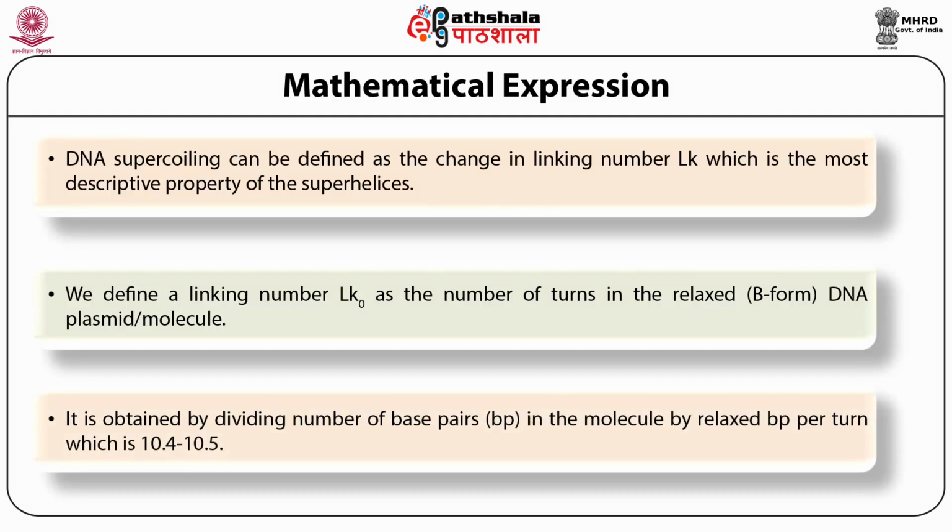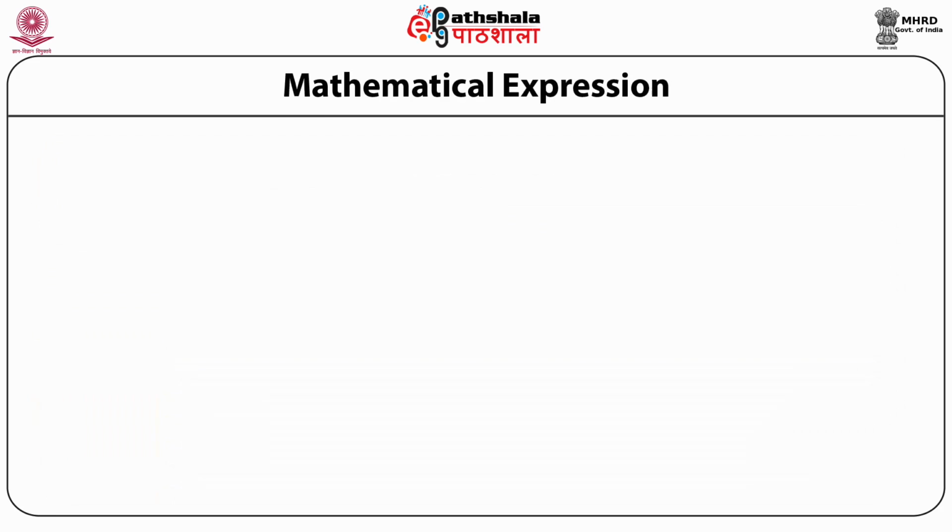This number is obtained by dividing the total number of base pairs BP in the molecule by the relaxed base pairs per turn, which is normally taken as 10.4 to 10.5, and the ratio is called Lk0. So Lk0 is base pair number divided by 10.4.